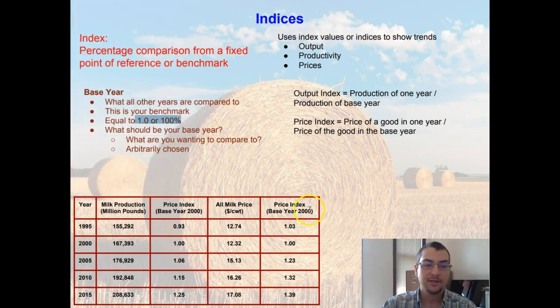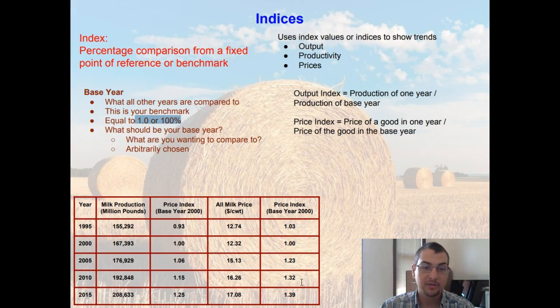So now that we know how to calculate it, let's look at what the price index is telling us. It's telling us that overall, the price of milk is trending upwards. We see that it took a dip from 1995 to 2000, and the price of milk fell by 3%. But by the time it reached 2005, it had increased by 23%.